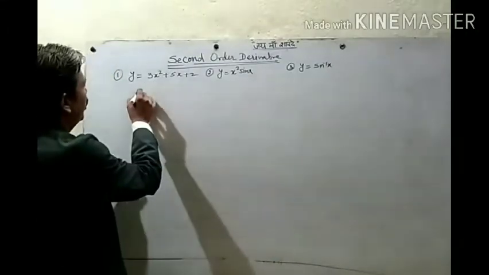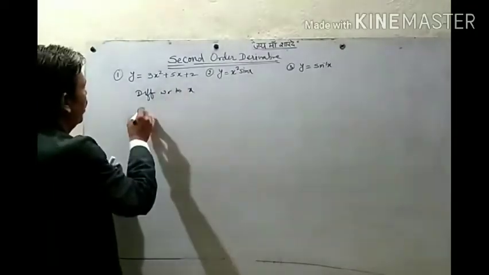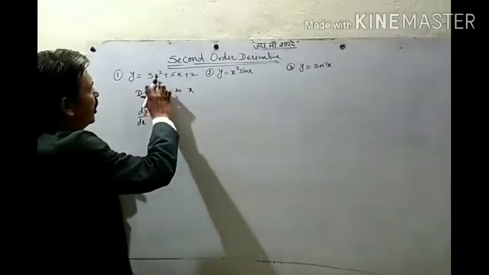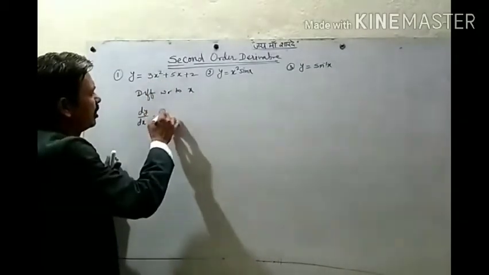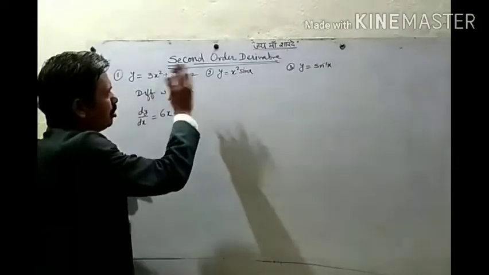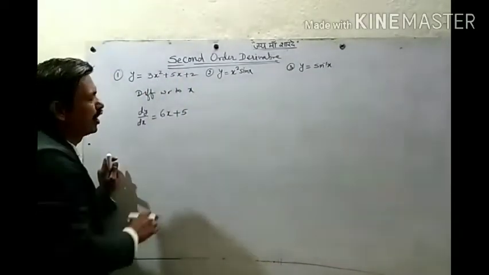So if we differentiate with respect to x, then we get dy by dx is equal to 6x, since the derivative of x square is 2x; the derivative of 5x is 5, and the derivative of 2 is 0. So we get the first derivative 6x plus 5.